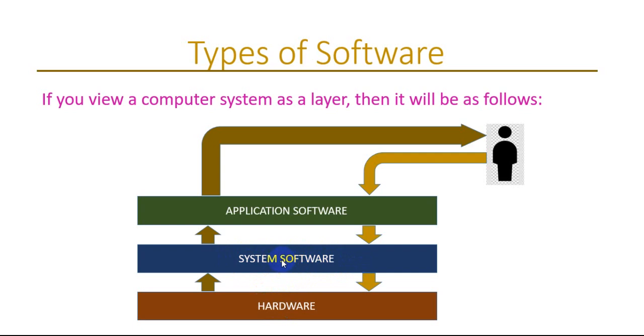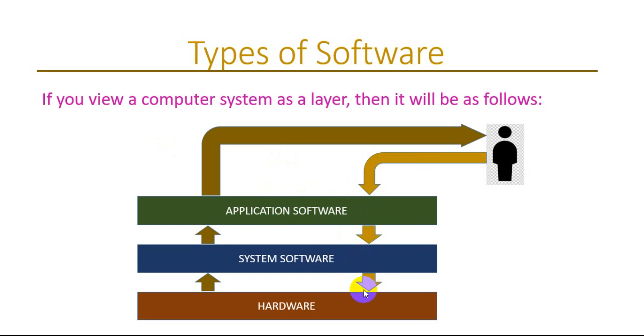Then you have your application software, like Excel or Word, an inventory system, a game or a hotel booking system, right on top, and that is what the user will be interacting with. When the user interacts with this, the application software processes the request. Whenever there is a requirement for hardware access, like putting certain things on the screen, accepting something from the keyboard or writing to the secondary storage, it will talk to the system software to get that job done.